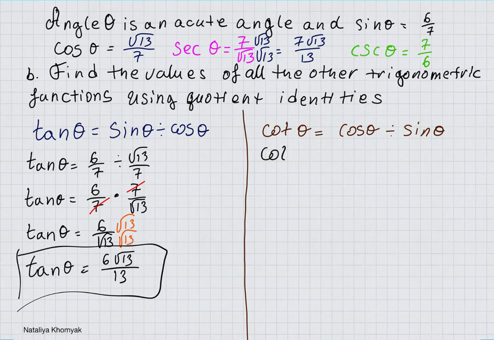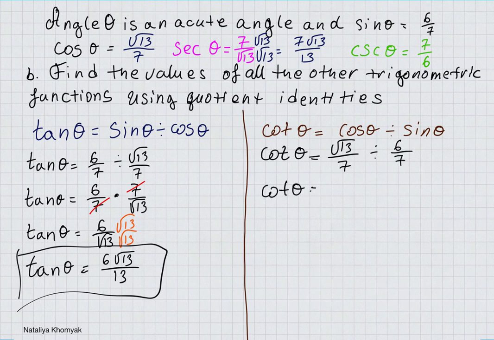So cotangent of theta is cosine, which we solved for earlier, which is equal to radical 13 divided by 7, divided by sine, which is 6 out of 7.